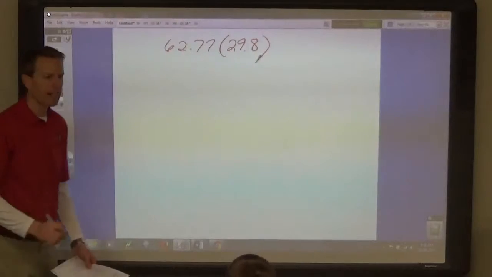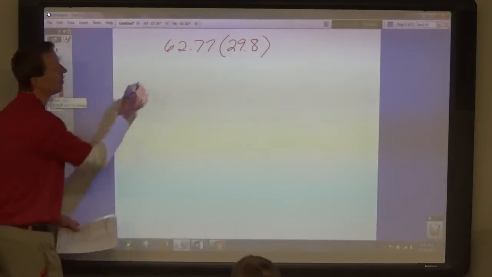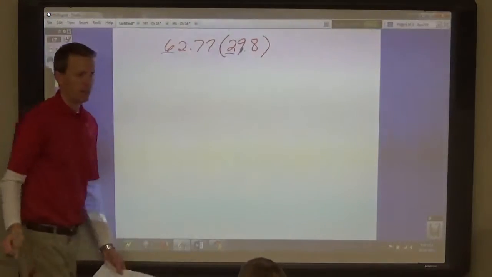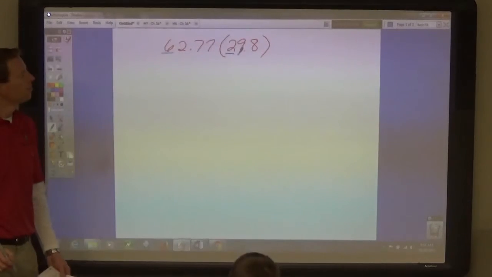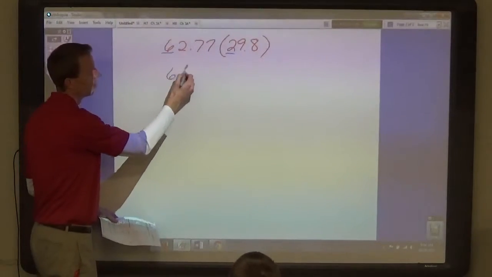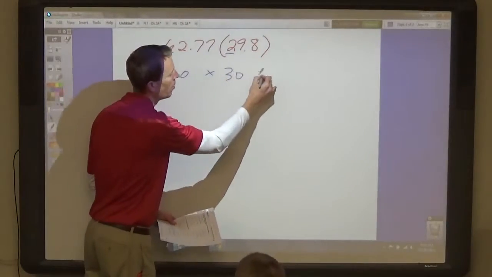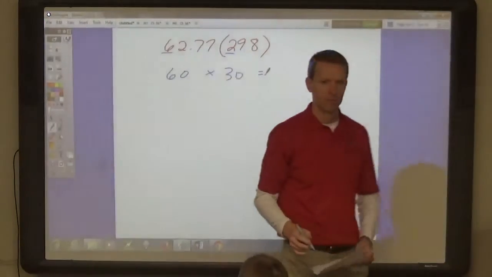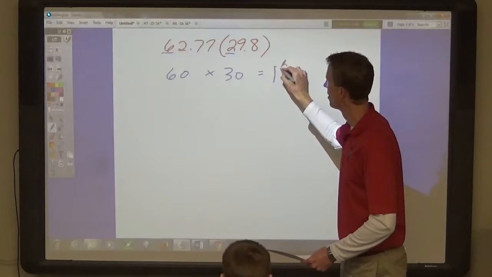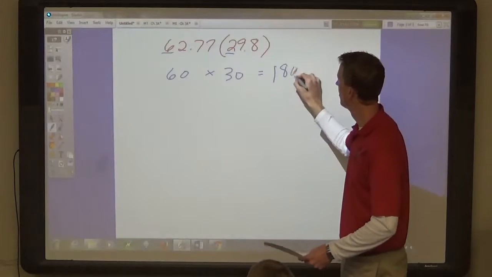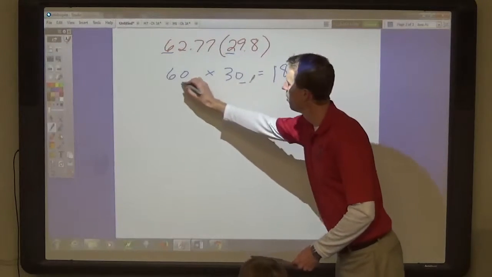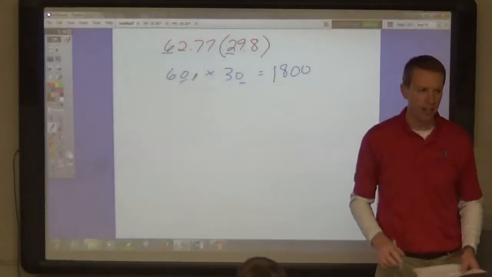If we use front-end estimation, what would that be? 60 times 30, which would give us about 1800. Both zeros go into the answer.